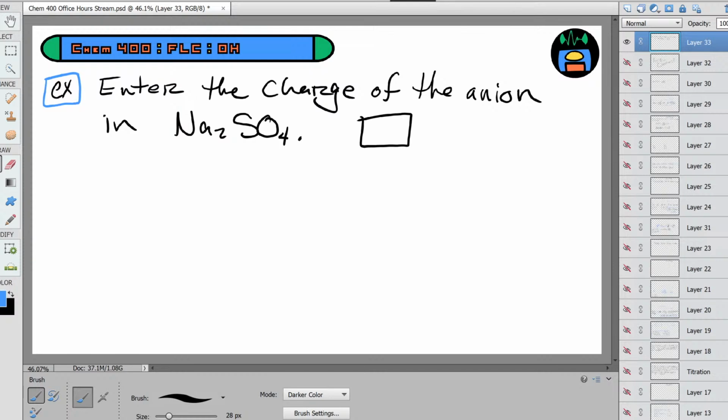Sulfate is an anion with a charge of -2.